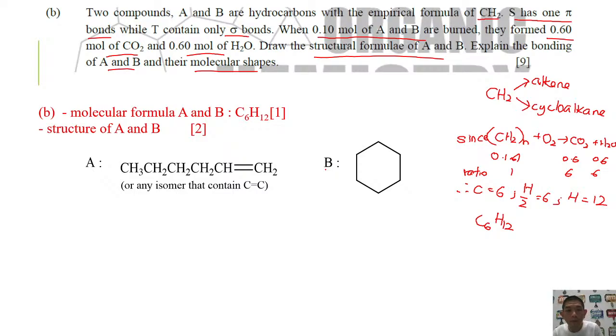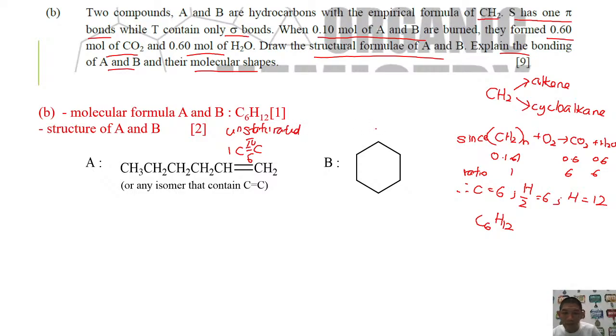Okay, then explain the bonding. The question also wants you to explain the bondings inside A and B. So you must say that A contains one C double bond C, so therefore it contains one pi bond and one sigma bond. This is an unsaturated hydrocarbon.